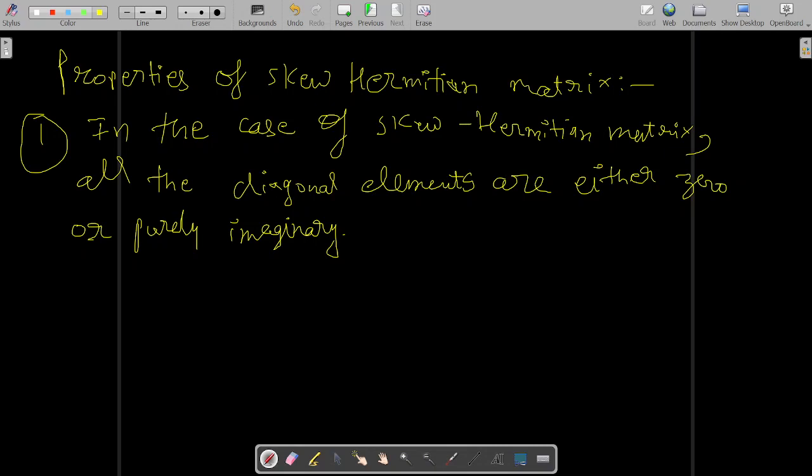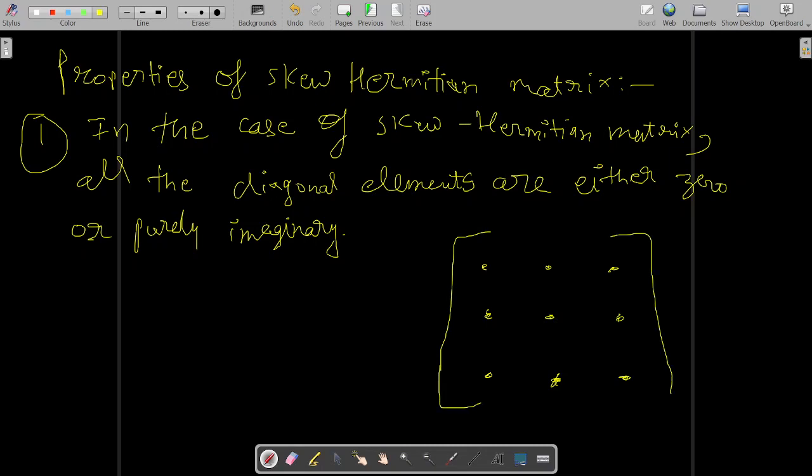What does this mean? Suppose you have a 3 cross 3 matrix, and in order to be a skew Hermitian matrix it must be a square matrix, as already told in the definition.